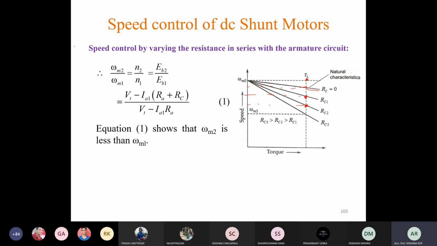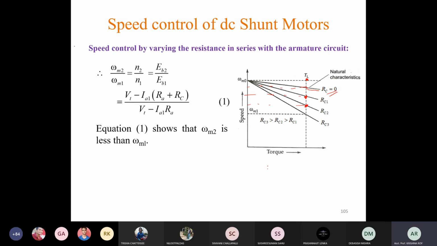Why is it so? Why don't we have the option? This is very simple. We cannot reduce the value of RC below 0.